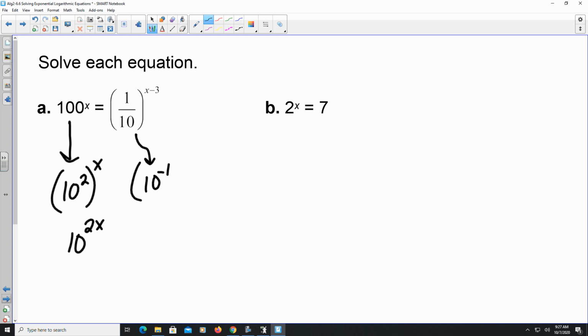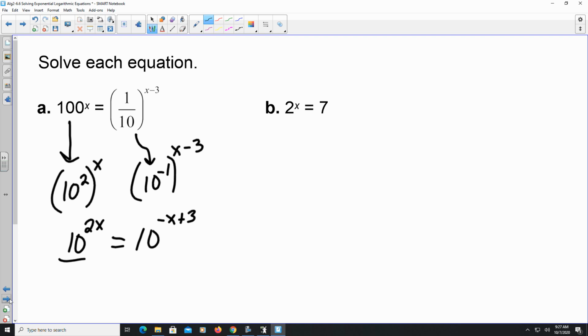Now I can take this negative 1, which is also raised to the x minus 3 power, so I can multiply x minus 3 times the negative 1. Essentially you're distributing that. So now this is equal to 10 to the negative x plus 3.